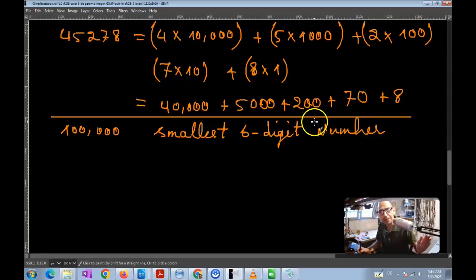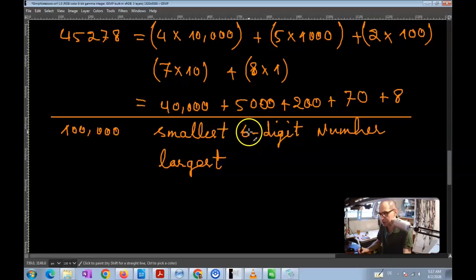And we saw that whatever the number of digits your number has, to create the smallest number having that many digits, we saw a few videos back that you would take the largest, not 6-digit but 5-digit number.